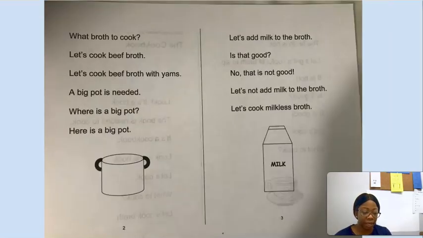Okay, so now looking at page 2, I want you to change that last sentence where it says, here is a big pot. I want you to change that period to an exclamation mark. Okay. All right, now read that page. What broth to cook?